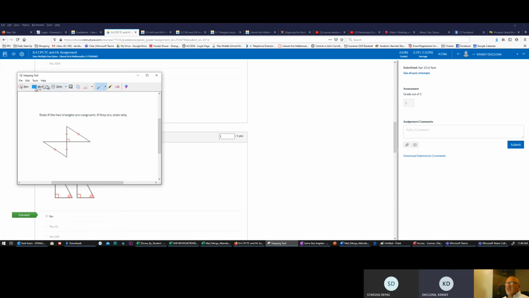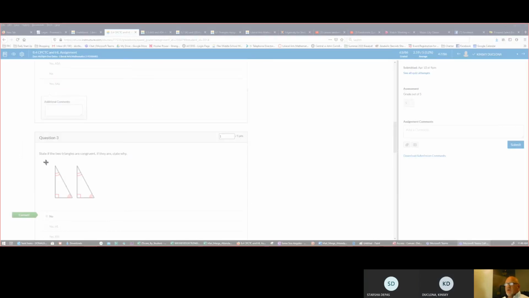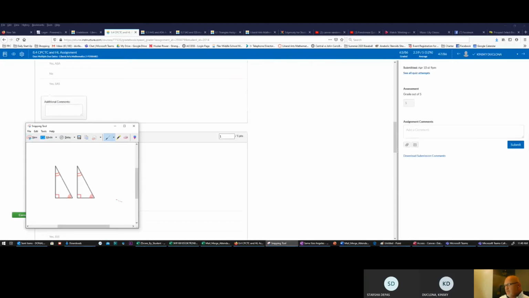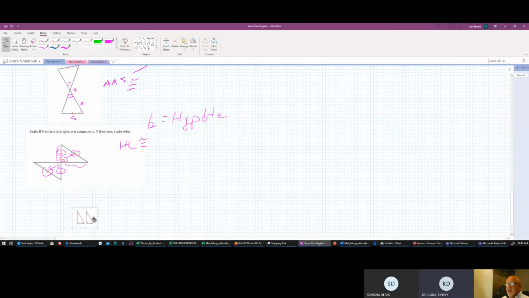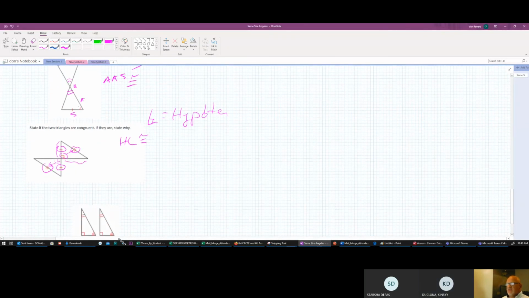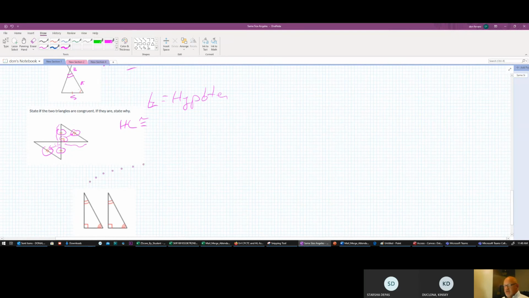Correct, but let me ask you this. If I was to put one tick mark on these legs, do you think that would be congruent? Yes. How come?